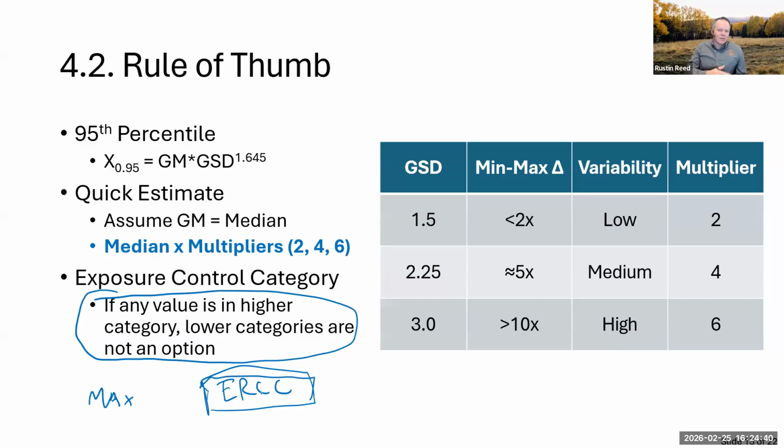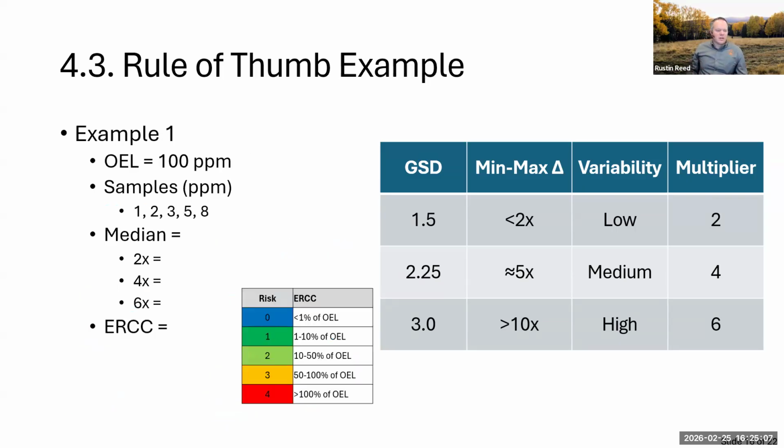We'll take a look at all of these in just a moment. That's an important rule. So we need to make sure we check what the maximum value is, and in which category it falls, to make sure that we're not underestimating our rating. Now, this is the rule, but what does all of that mean?